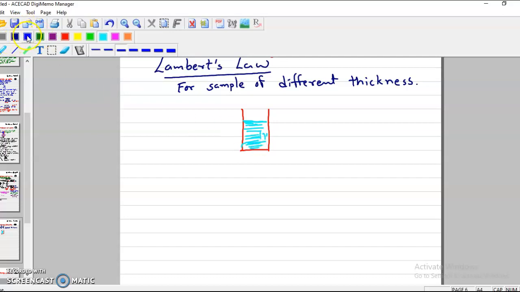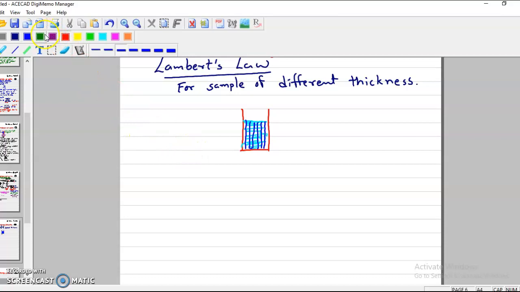Obviously in this solution there are no compartments, but we imagine that there are different compartments of the same thickness. Imagine like this, that the solution is distributed in different compartments. In fact, it is not like that, but we assume like this.